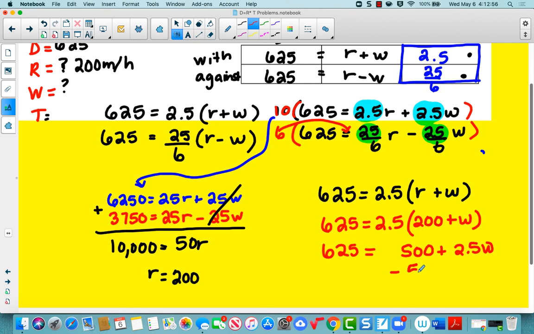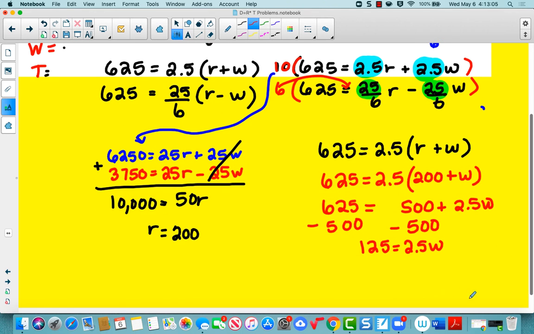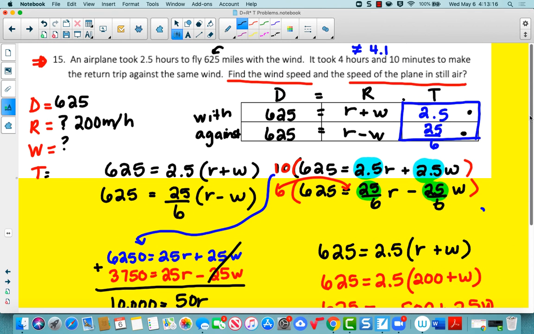When I subtract the 500 from both sides, I get 125 equals 2.5 W. And I'm going to let you finish that. Take the second and do that. When you divide both sides, you're going to get that the wind speed is 50. Then you have to go back and answer that question: 50 miles an hour.